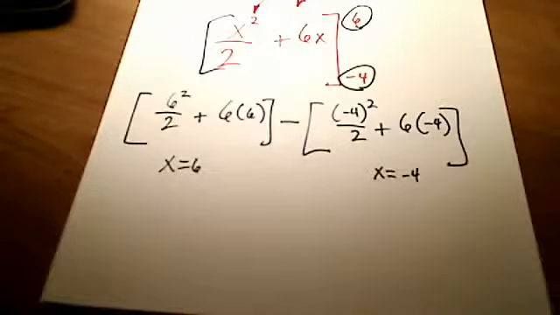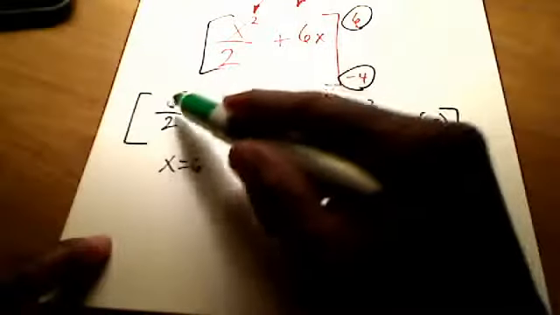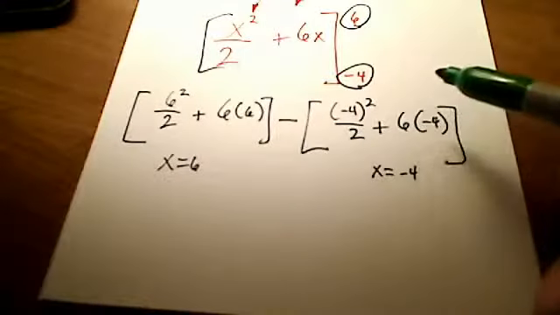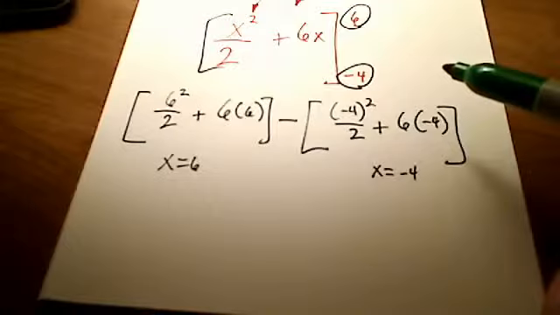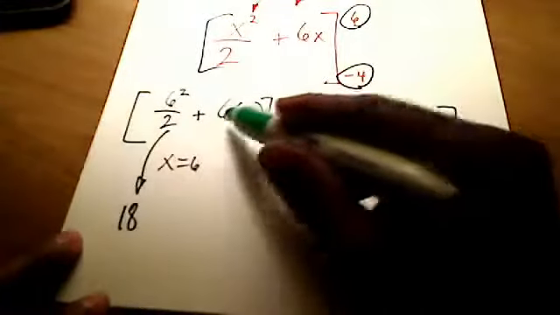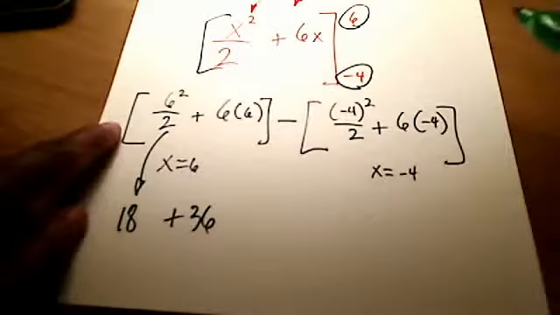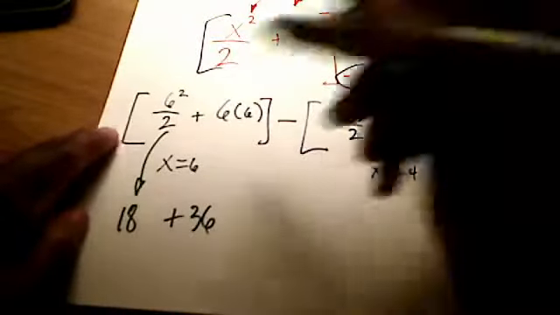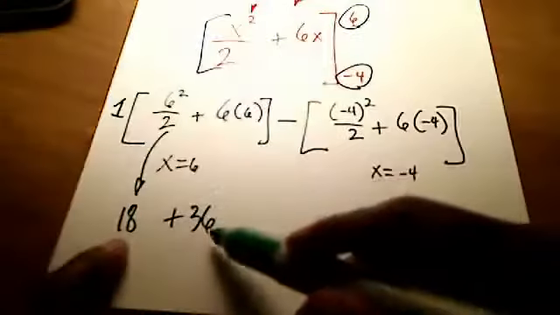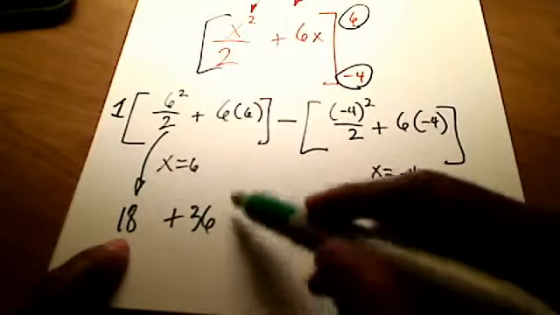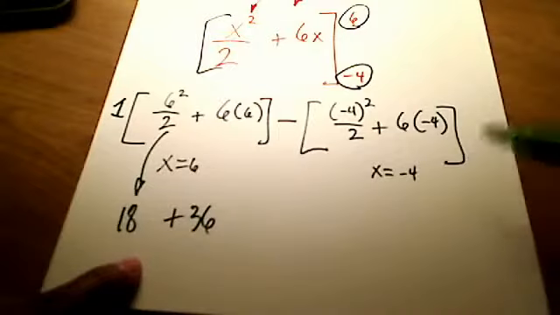Alright, so here's a little bit of math. This isn't too hard. I've got 6 squared, which is 36, half of 36, which is just 18. So this first term turns into an 18. 6 times 6 is 36, so we're going to add these up in a second. But do you notice that there's a coefficient of 1 out front that doesn't change in either of these terms, so I'm not going to bother putting the square brackets around this anymore.